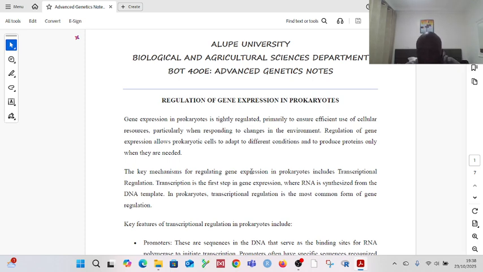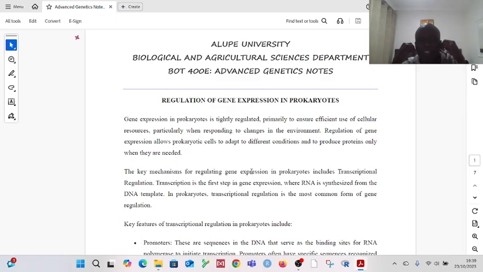So we've seen how we as eukaryotes regulate which genes to express and how we express our genes, how we create proteins. We saw that in our last lecture.